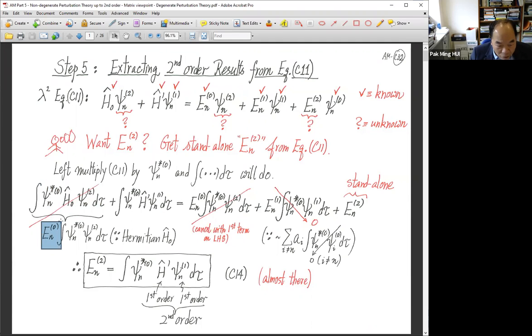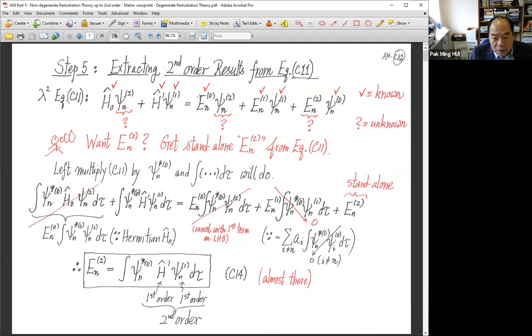So I'm left with an integral like this. We don't know how to proceed because the second order correction in state is yet to be solved. That's why I leave it here. We cannot say it's zero, it's not zero, but we don't know. But we just leave it there.